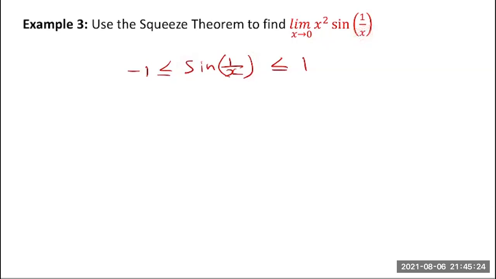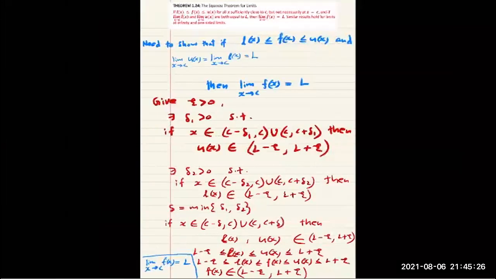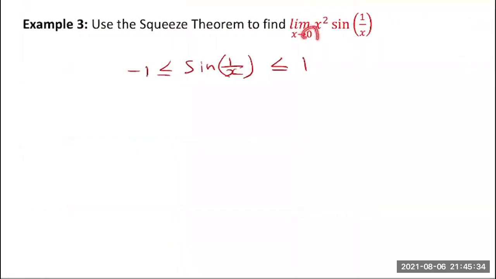To apply the squeeze theorem, remember, I don't want to have this inequality at x equal to c. Here your c is actually 0. But for all the other values except x equal to 0, I have this inequality. I know that sine of 1 over x is stuck between -1 and 1 because the range of the sine function is always between -1 and 1.